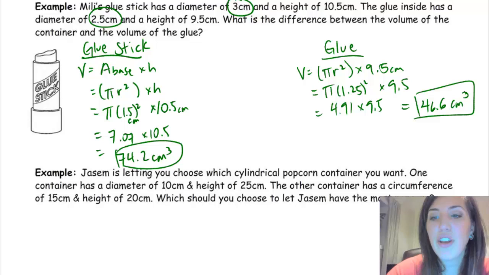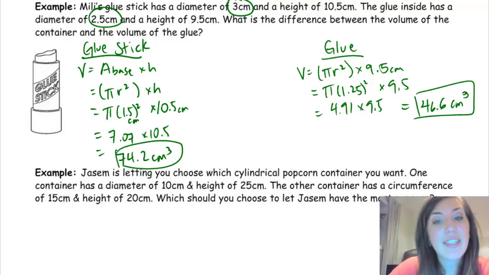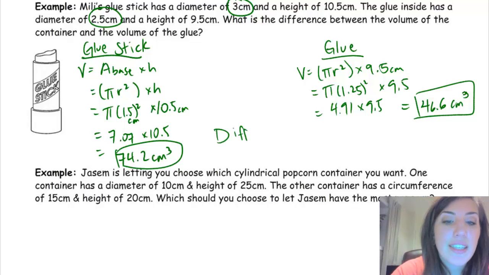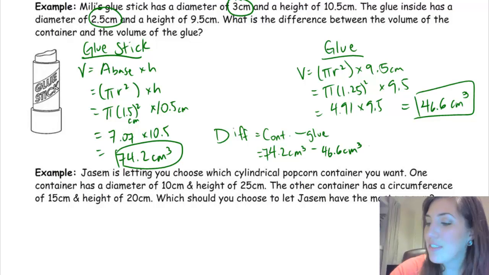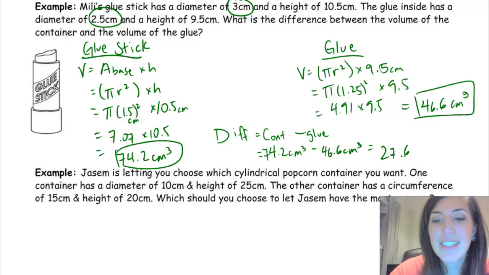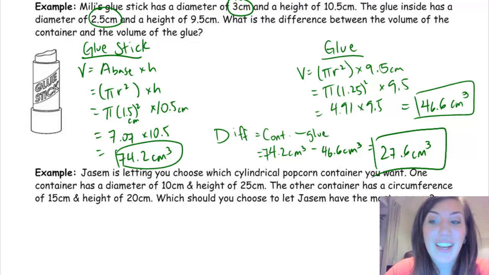All right, so now we know the volume of the container, and we know the volume of the glue, but we want to know what is the difference. So the difference here, the space in between, is the container minus the glue stick. So this is 74.2 centimeters cubed minus 46.6 centimeters cubed. That gives us a total of 27.6 centimeters cubed. So that is the total difference between the volume of the container and the volume of the glue stick.